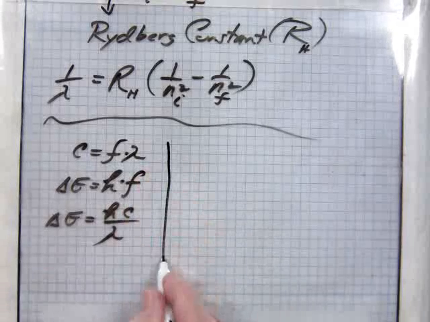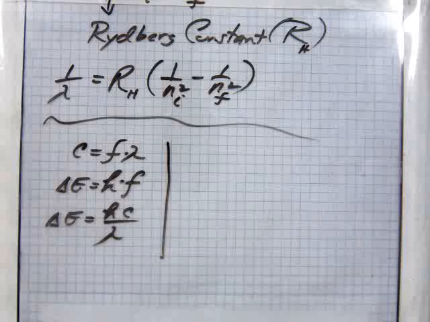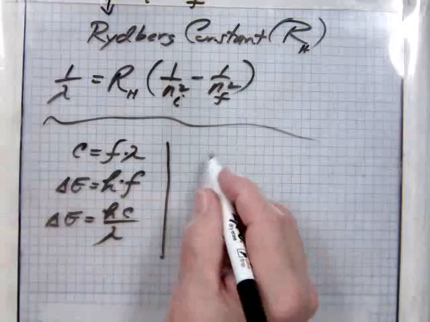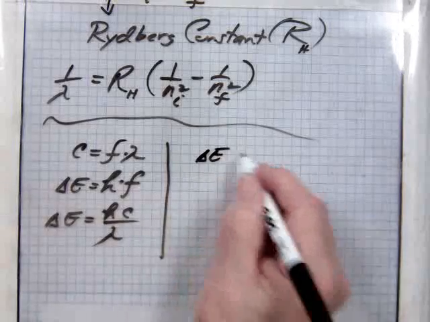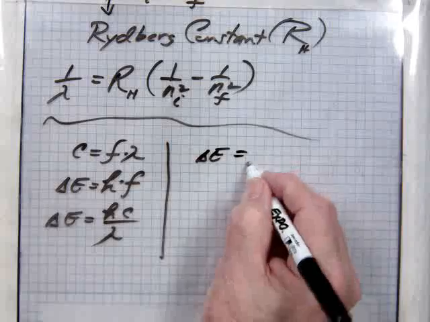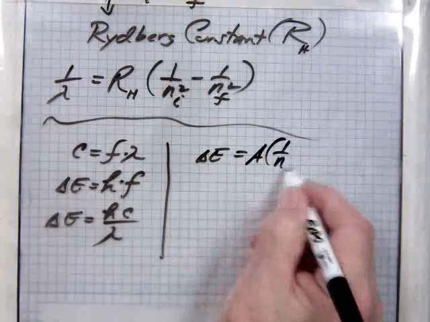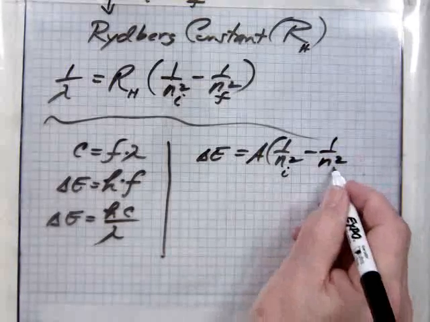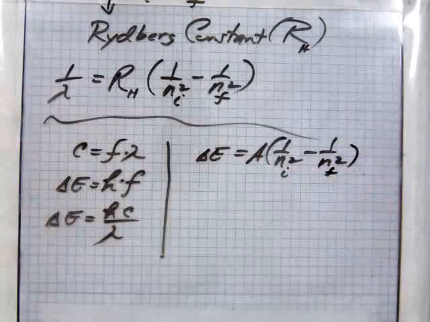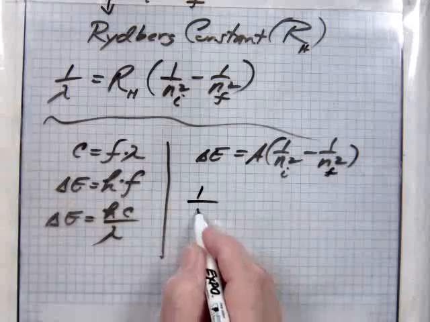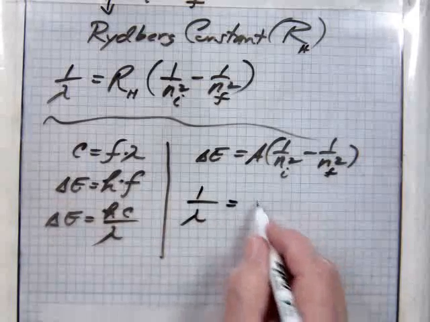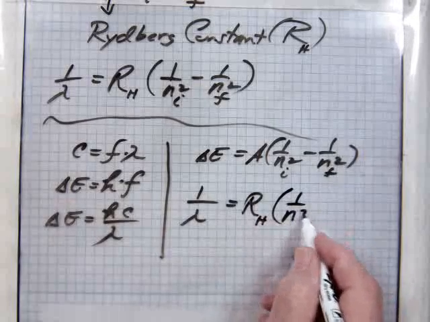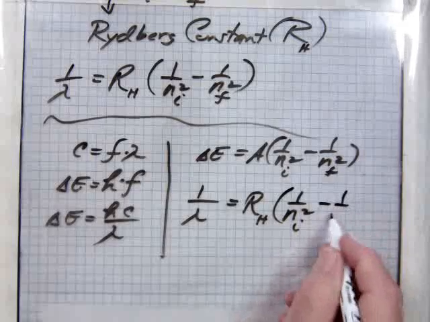But what Bohr and his group derived were the Rydberg equations: delta E is equal to A times 1 over n squared initial minus 1 over n squared final, and it starts with initial and goes to final because of the derivation. And then you have the Rydberg wave equation, which is RH times 1 over n squared initial minus 1 over n squared final.